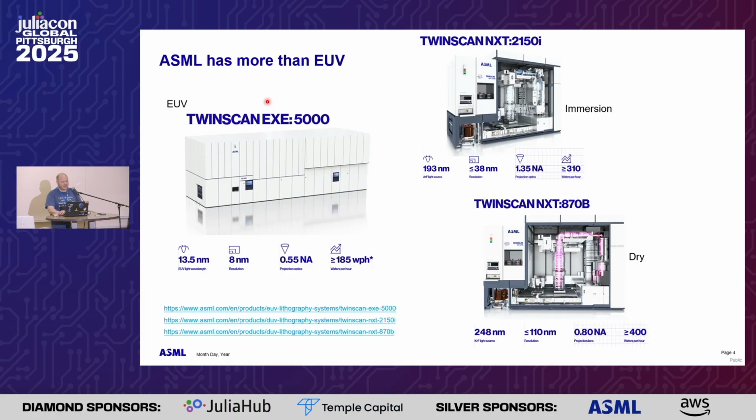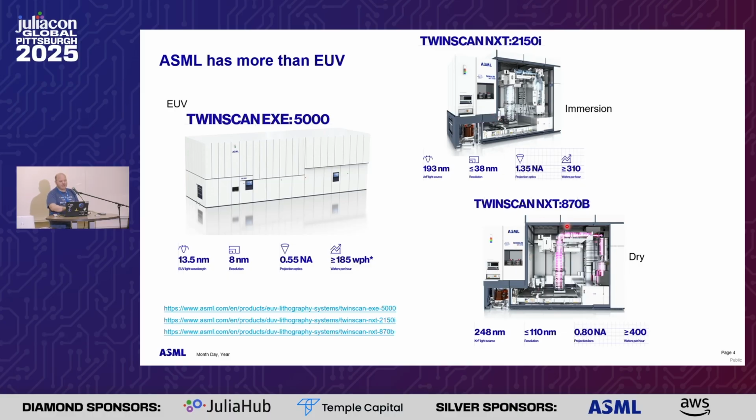I know that in recent years, we have been talking about EUV machines that have been in the news because they are the most advanced. But we also have other very advanced machines that are previous generations, but still very good. We have the TWINSCAN immersion machines, our previous advanced machines, and we also have what we call dry machines.